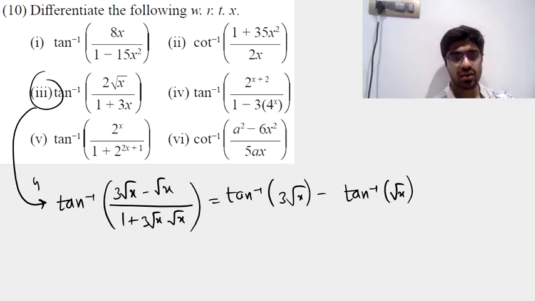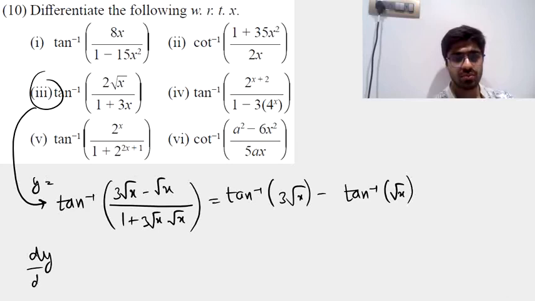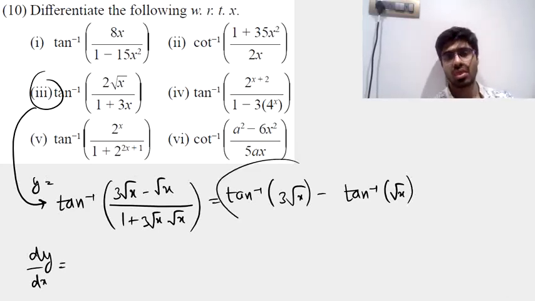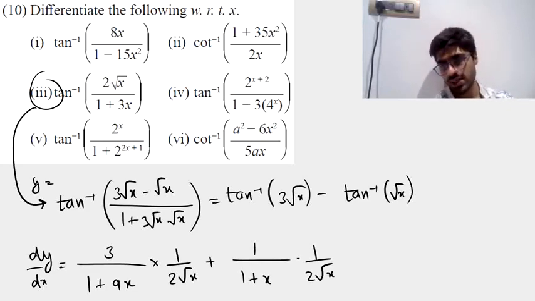If this is y, if the entire thing out here is y, then dy by dx will be 1 upon 1 plus 9x into the derivative of 3 root x, that is 3 into 1 upon 2 root x. Similarly, take a derivative of this, so that will be 1 upon 1 plus x into 1 upon 2 root x.